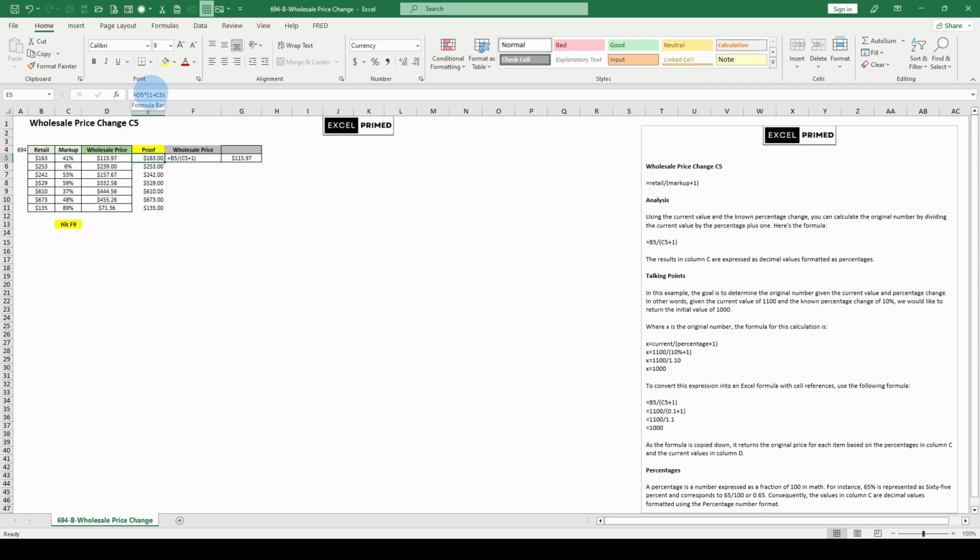We've gone D5 minus C5 divided by C5. We've gone D5 minus C5 divided by D5. Why? There's just a different logic for each one of these. By the time we get through, we'll have shown you all of these examples and why we use them.